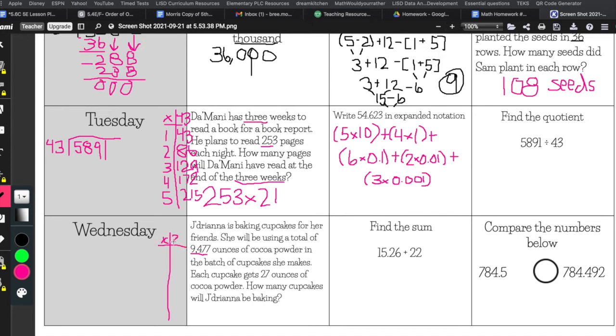So we're going to make our cheat sheet for 27s, and I'm going to make it to 5. Okay, times 1 is 27. Times 2 is 54.